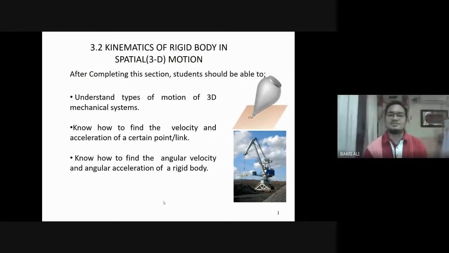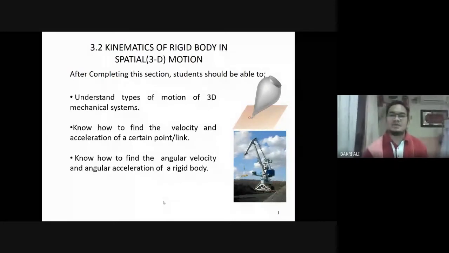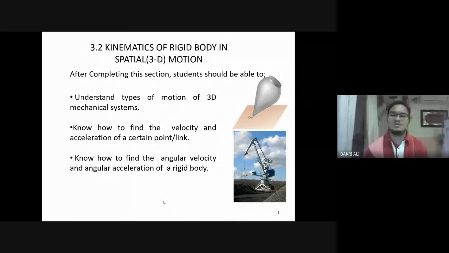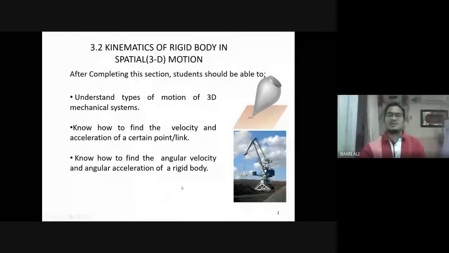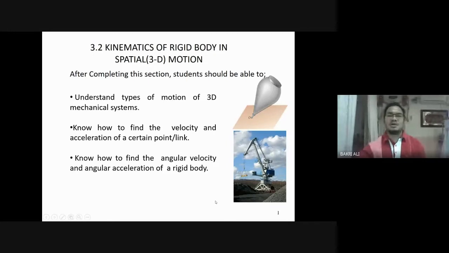We can see a lot of 3D systems, from robotic systems to cranes which move and rotate, and a top is also a 3D system. Then you should be able to analyze and solve problems dealing with the 3D rigid body. So that is our lesson objective.